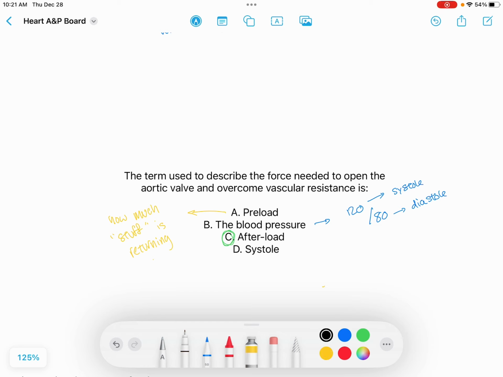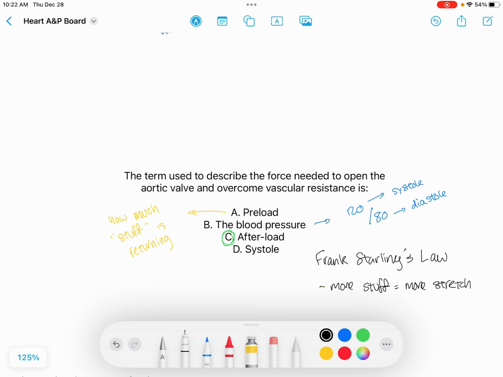We know that there's this thing called Frank-Starling's law. I know we're going on a little bit of a tangent, but we're going to tie this all back here. Frank-Starling's law says more stuff, in essence, equals more stretch. So when we get more stuff returning to the heart, the ventricles can stretch more.